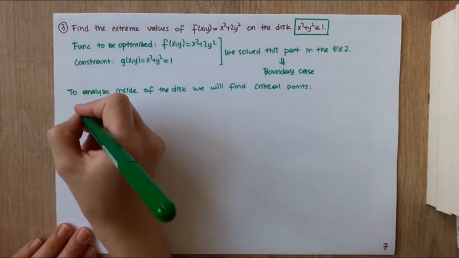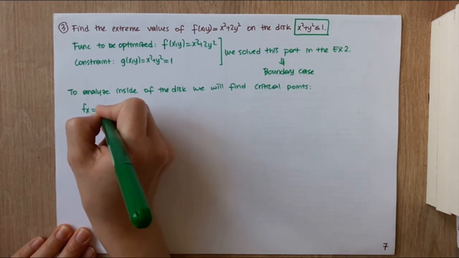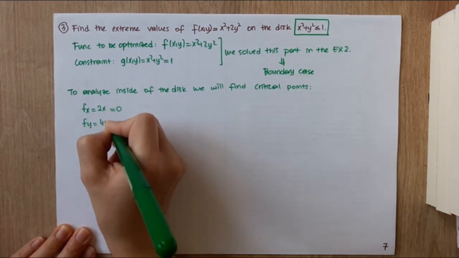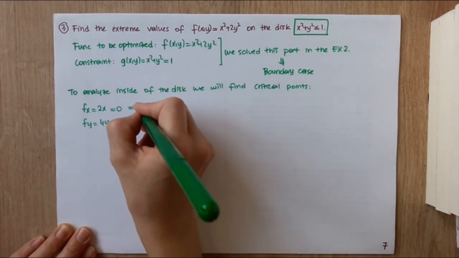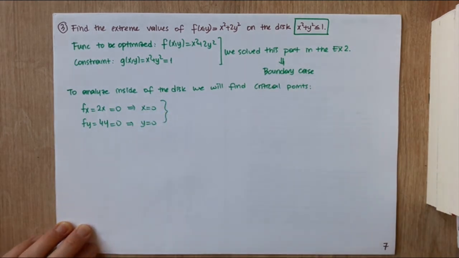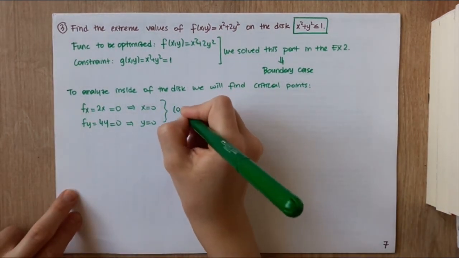So it means I need f sub x, which is 2x, and f sub y, which is 4y, equal to 0. From here I have x is 0, from here I have y is 0. So (0, 0) is the only critical point of this function.